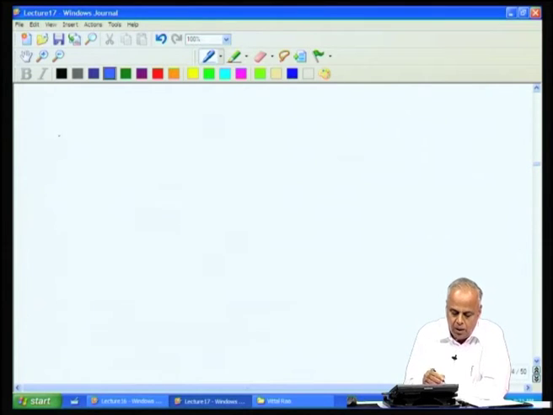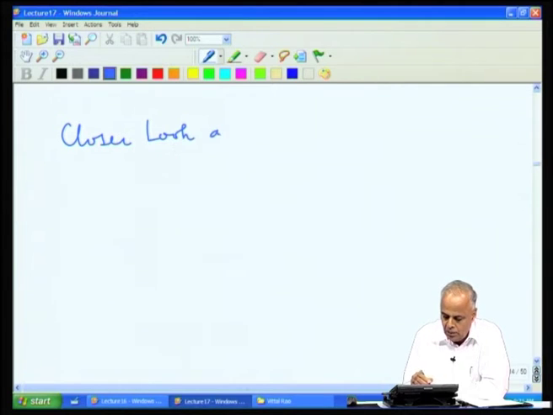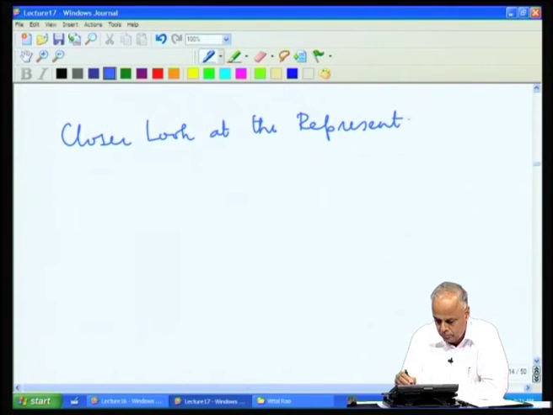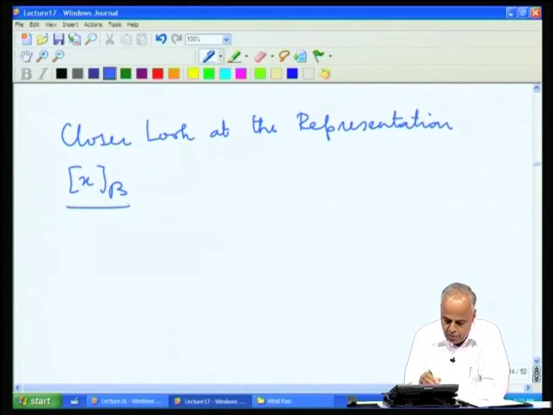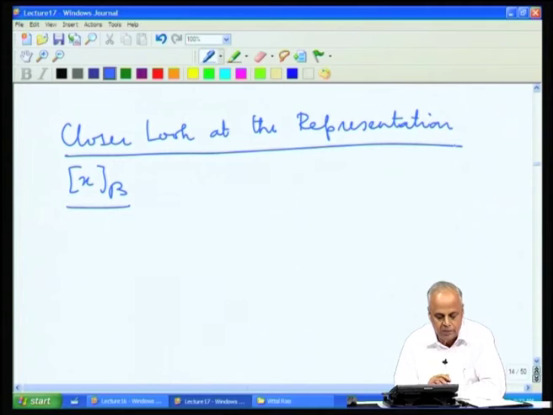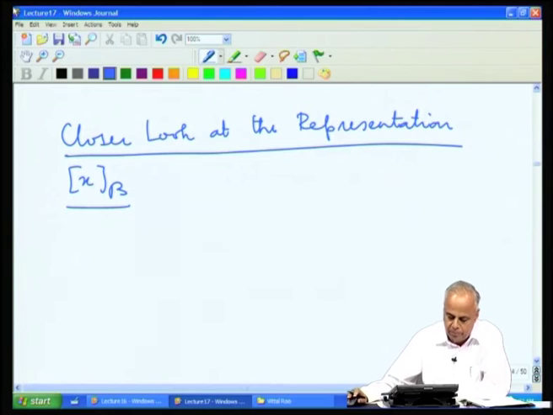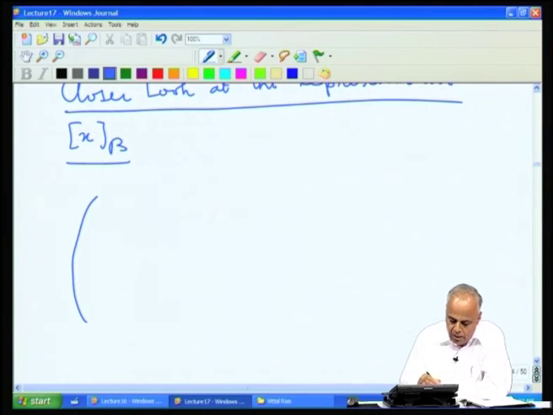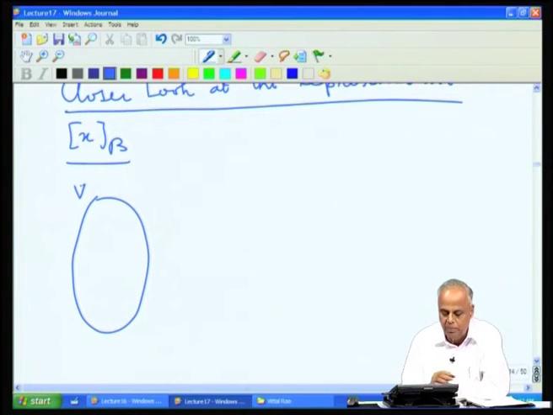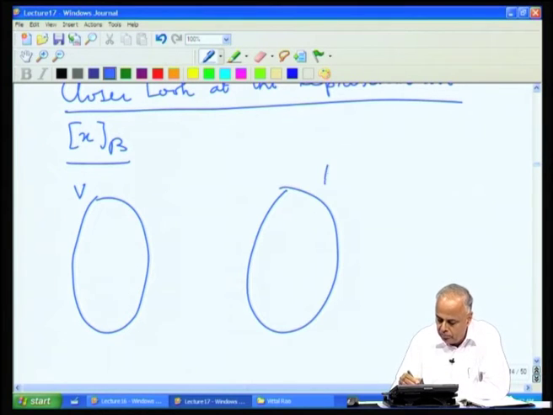Now, let us have a closer look at the representation x B, which seems to be a very useful representation, because it helps us to convert any vector in the vector space V into a concrete digitized form as x B. So, here is a vector space V whose dimension is n, and here is F^n.